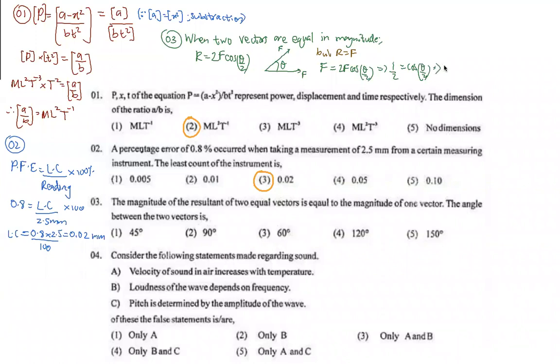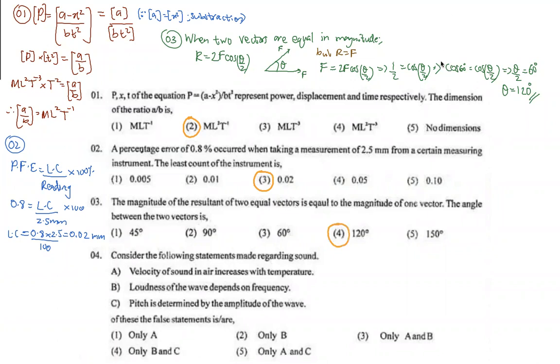Instead of half, I can put cos 60. Cos 60 is equal to cos theta by 2. So that means theta by 2 is equal to 60. I'm getting theta is equal to 120 degrees. So the answer is this one. Which one? Fourth one.